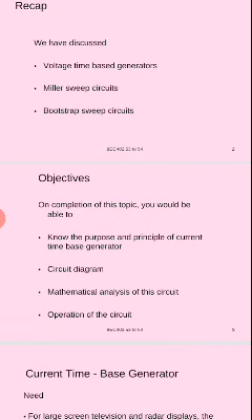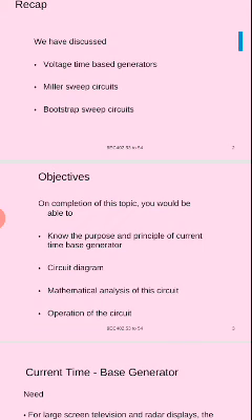We know circuits like bootstrap and Miller sweep all generate sweep waveforms, and we discussed in the last class that the Miller sweep generates sweep voltage with less error.